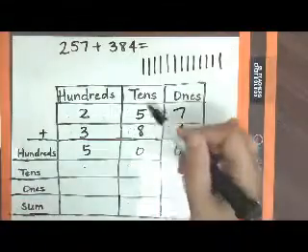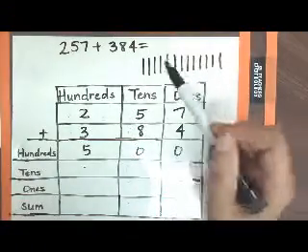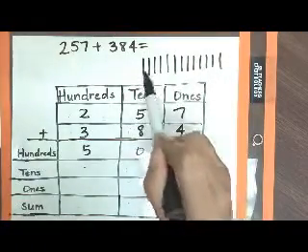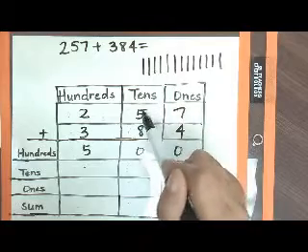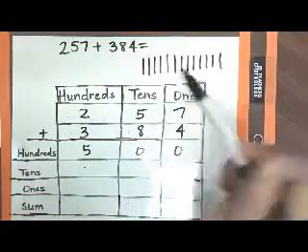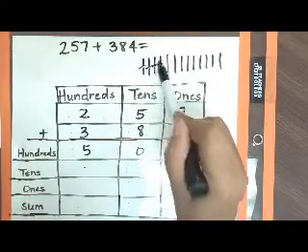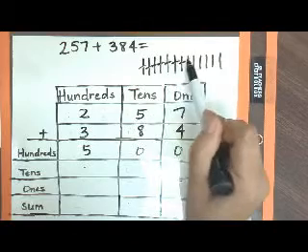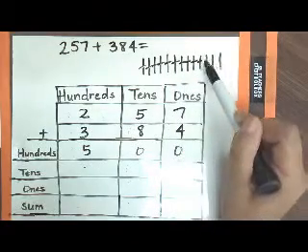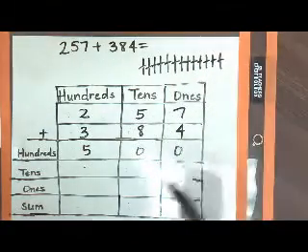Now we're working with the tens column, so that means we're skip counting by tens. Each of these is worth 10. So we're going to count these all together and see what the value of 5 tens plus 8 tens equals. 10, 20, 30, 40, 50, 60, 70, 80, 90, 100, 110, 120, 130.